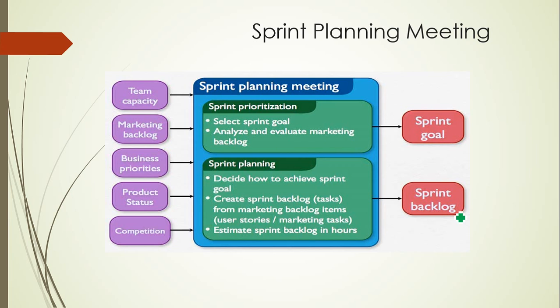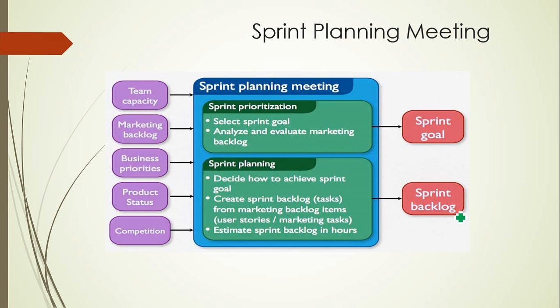And depending upon the team capacity or team velocity, the development team picks up high-priority requirements for the current sprint. Once the user stories are selected, the team moves to the second part of the meeting.